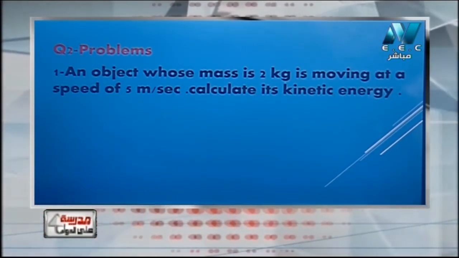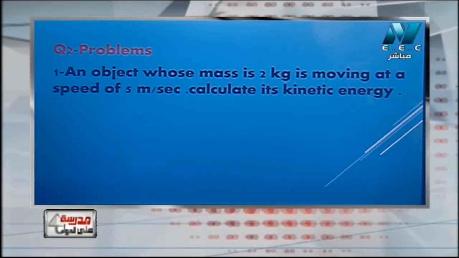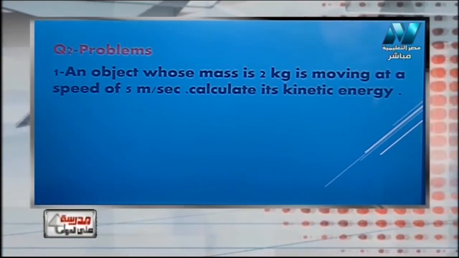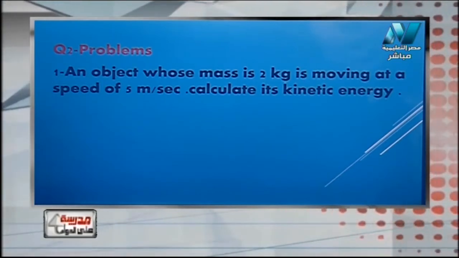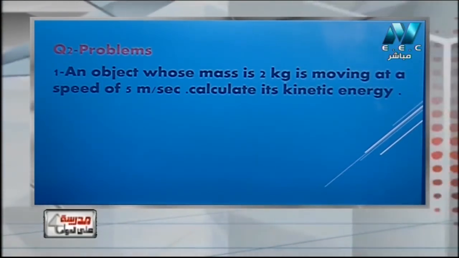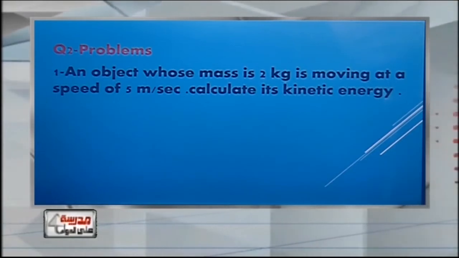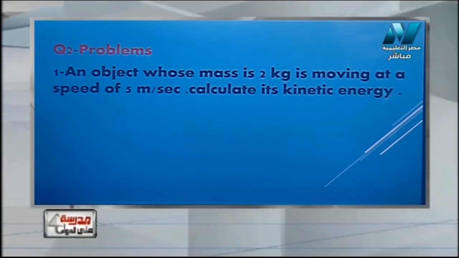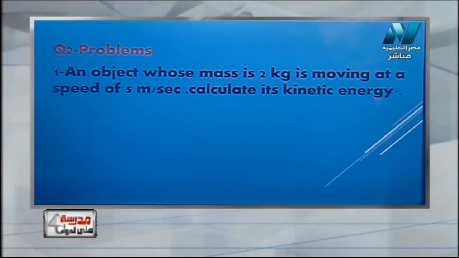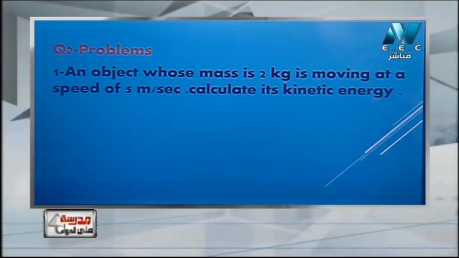It is related to energy. So mass here must be in kilogram, and velocity or speed must be in meter per second, not in gram here. Mass in gram is just only in the problems related to density, but not related to energy.